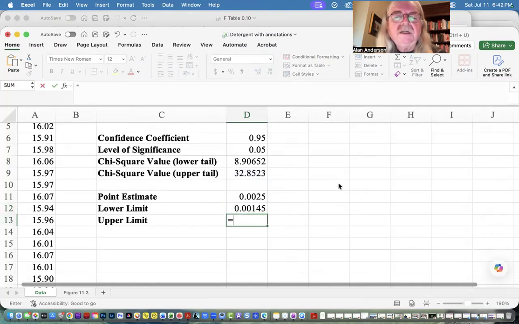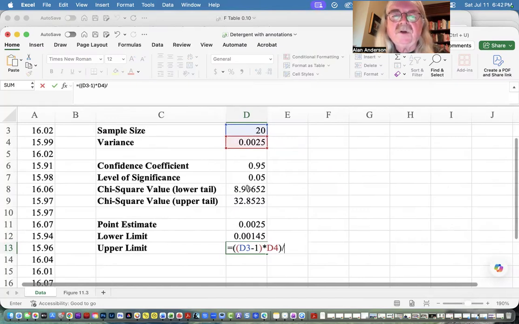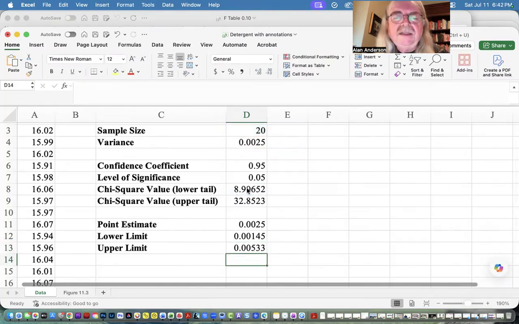The upper limit, again, is n minus 1, sample size minus 1, times s squared, all divided by the smaller of the two critical values, and that's the upper limit for the variance.